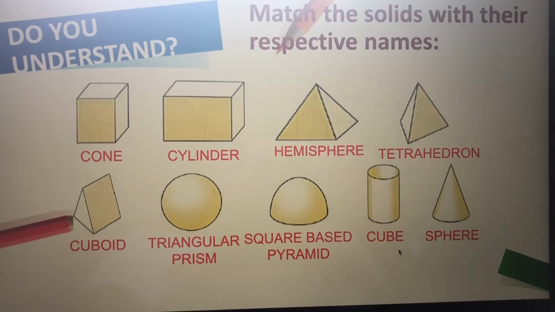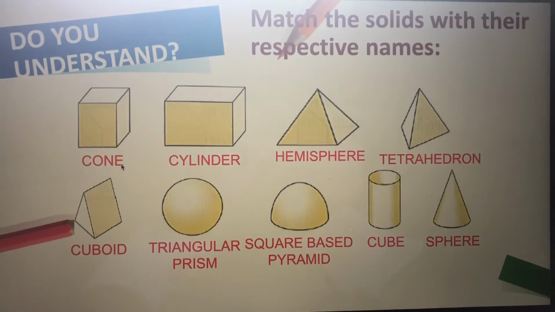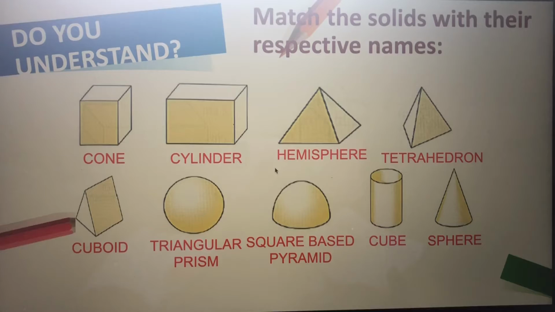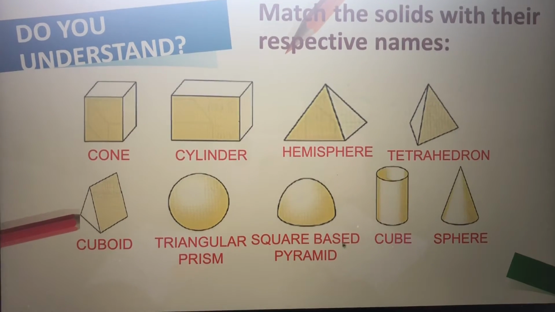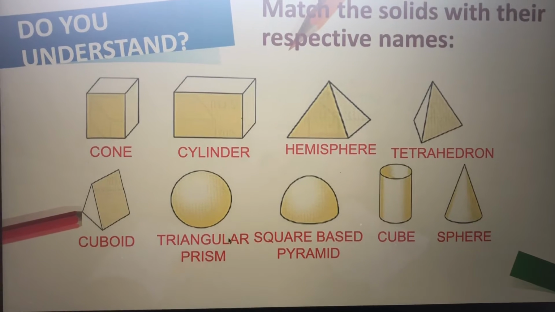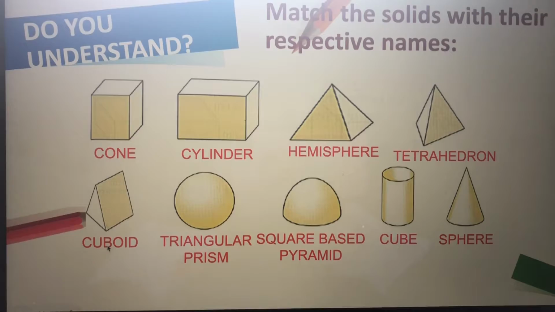All right, so we've got this is silly, cone, cylinder, hemisphere, tetrahedron, sphere, cube, square base pyramid, triangular prism, and cuboid.